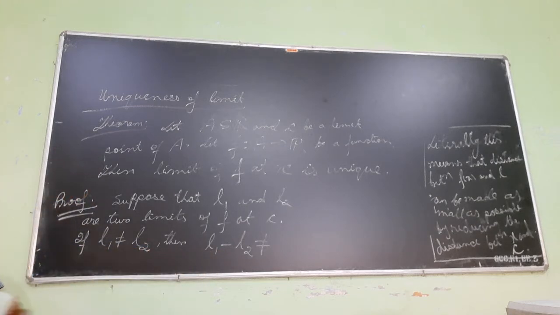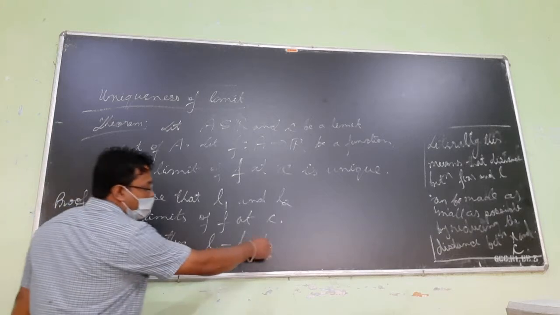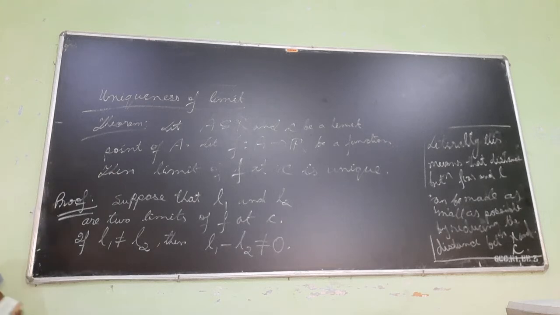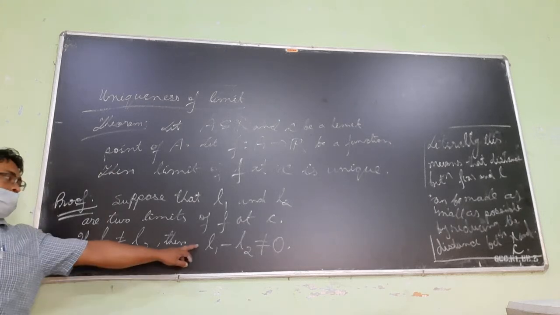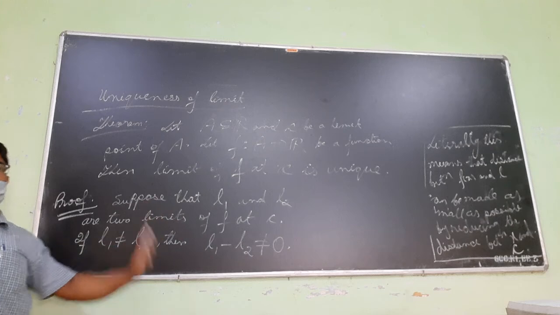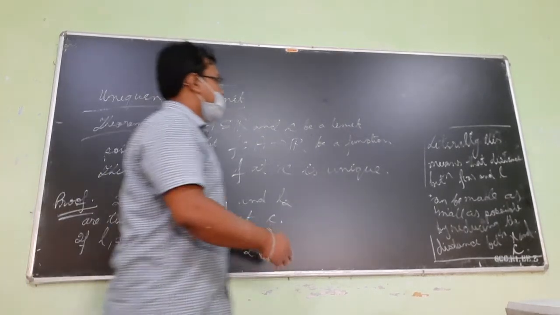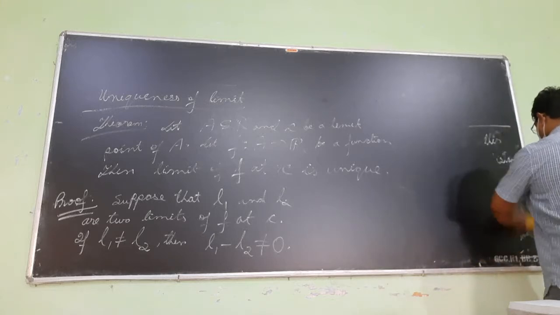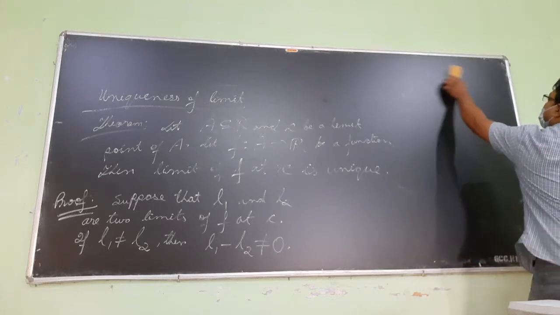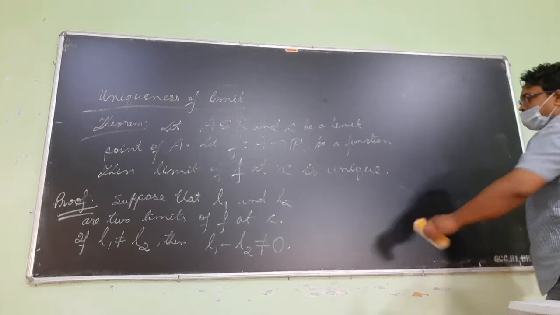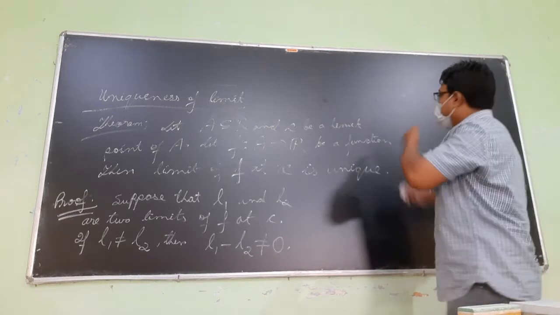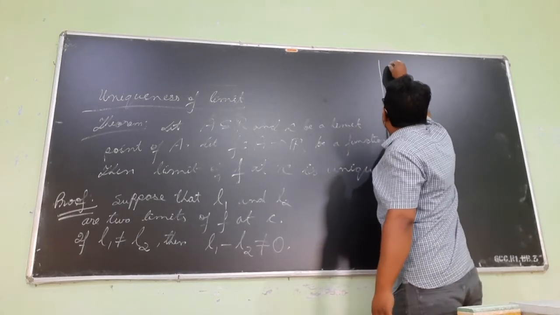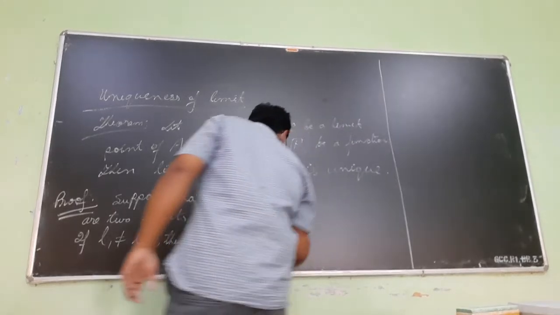What is L1 minus L2? Not equal to what? Not equal to zero. L1 and L2 are different, so L1 minus L2 has to be non-zero. It's not equal to 0, right? So what can we do? So L1 minus L2 is non-zero.